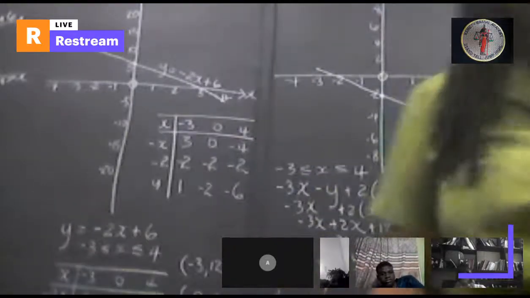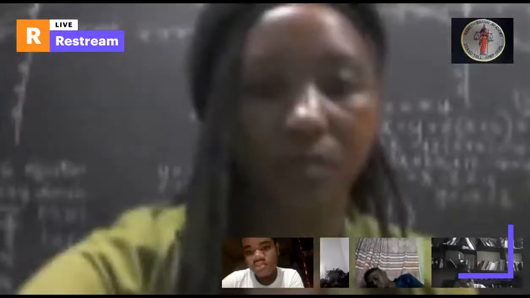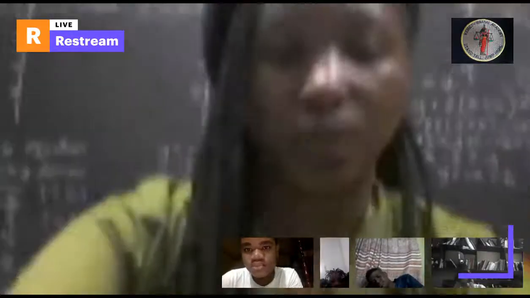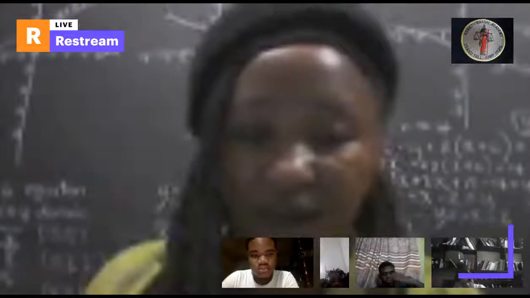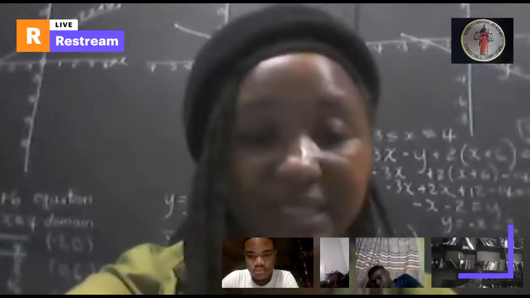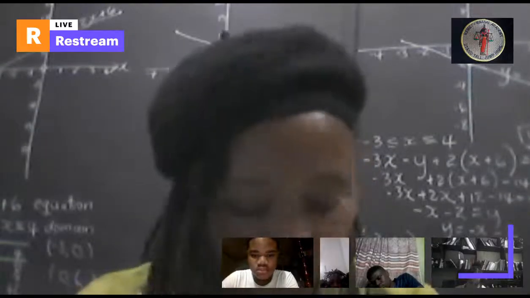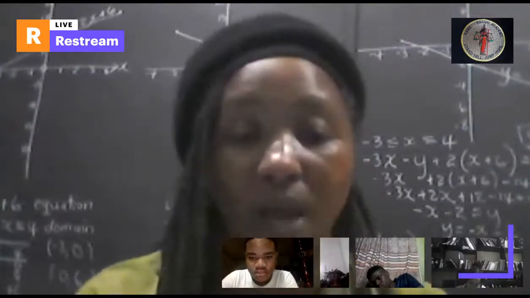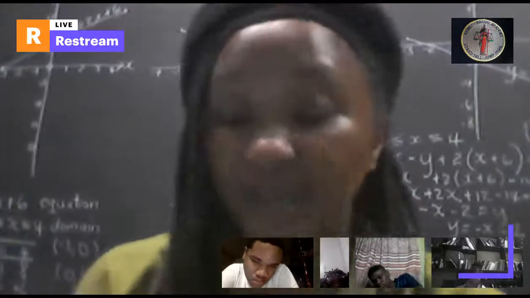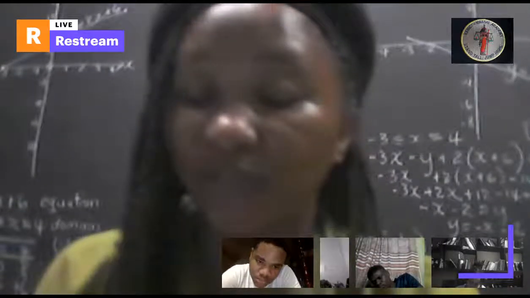All right, so let's go over the points that we made. We started off by plotting very simple lines, like y equals 4, y equals negative 4, x equals 4, x equals negative 4.